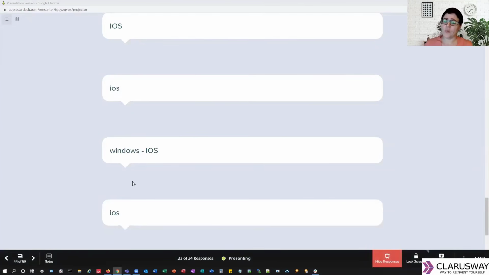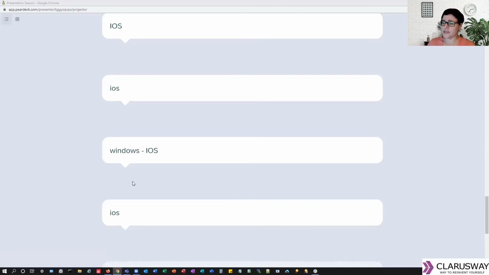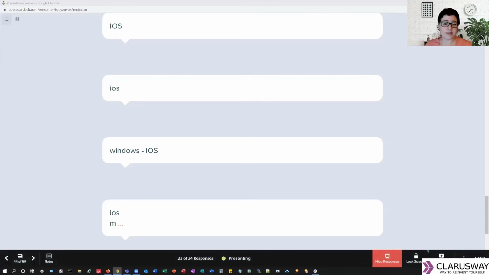Some web pages don't interact well with Safari, and they work better with a full Windows operating system. But for the most part, they're great. Technology is amazing.